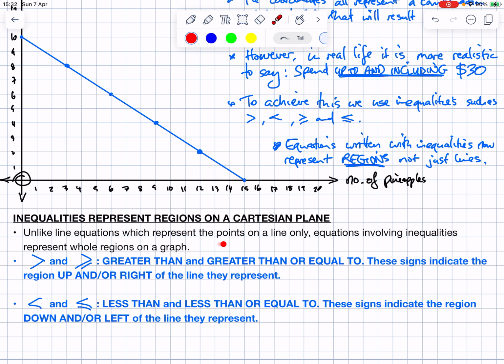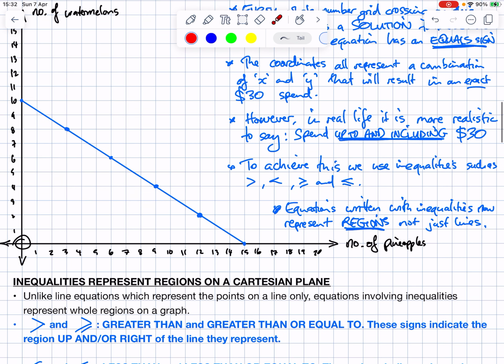Unlike line equations, which represent the points on a line only, equations involving inequalities represent whole regions on a graph. So this symbol here, greater than, and greater than with the line under it, these represent respectively greater than and greater than or equal to. What do these indicate? These signs indicate the region up and or right of the line they represent.